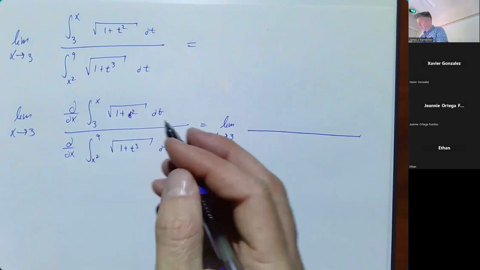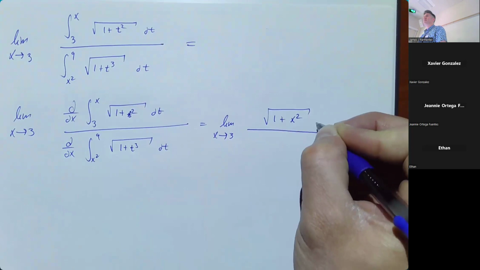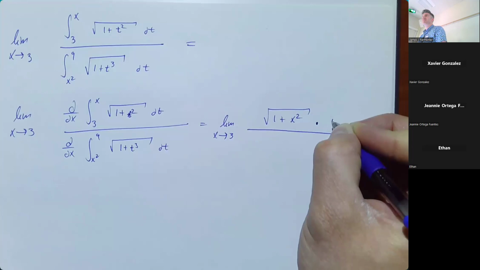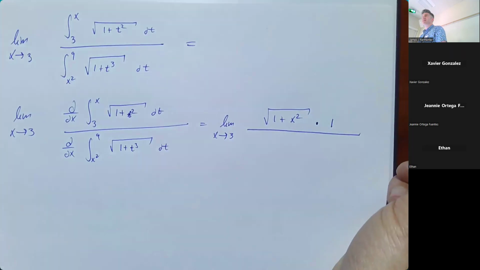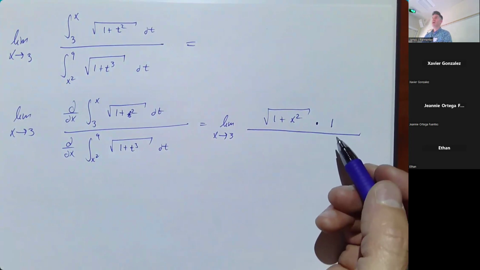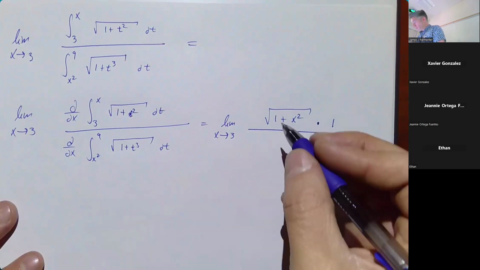We plug in x and we get the square root of 1 plus x squared times what? The derivative of x. What's that? Okay, right? You don't have to write the times 1, but I want you to think about how you're always multiplying by the derivative of whatever you plugged in, even if it was as simple as just x.